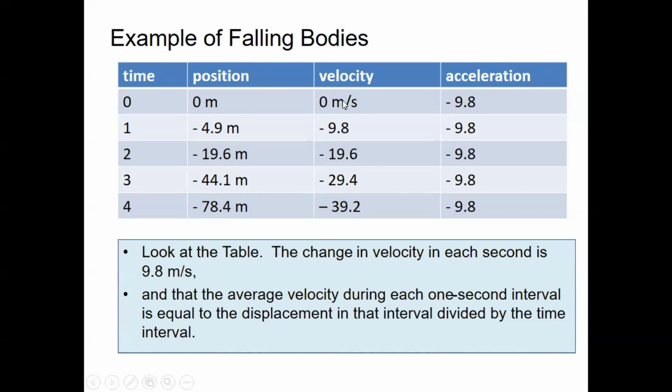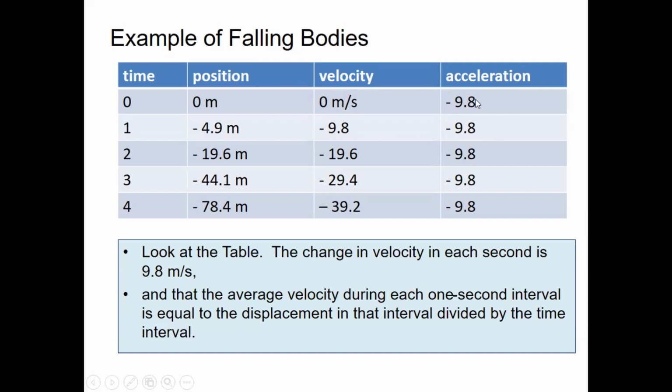Similarly, the velocity is calculated; the final velocity at time t equal to 1, 2, 3 and 4 is 9.8, 19.6, 29.4, 39.2, all with minus signs, which shows that it is a vertical downward velocity. The difference between two velocities, after a 1 second interval, is an increase of 9.8 meters per second.